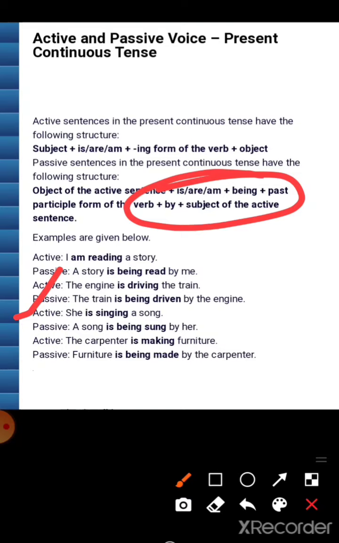Next, the carpenter is making furniture. The furniture is being made by the carpenter. Make is the main verb; make becomes made. So made by the carpenter.